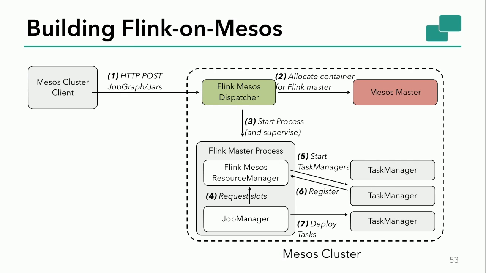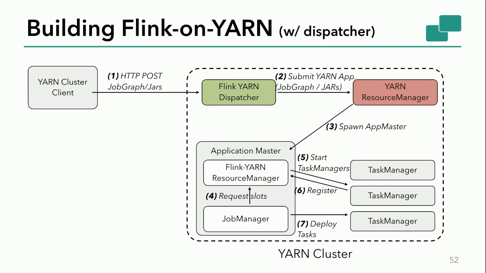The only piece that really has to significantly change is this dispatcher. We need to have a Mesos-aware dispatcher instead of a YARN dispatcher, and we need to have a Mesos-aware resource manager instead of a YARN-aware resource manager. But the rest of the pieces can just be reused.